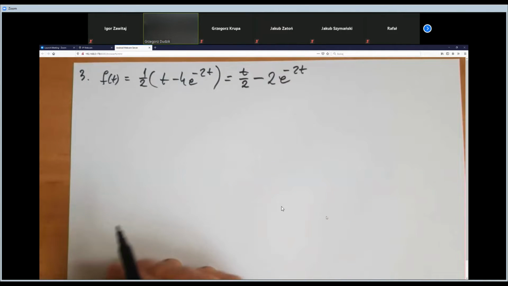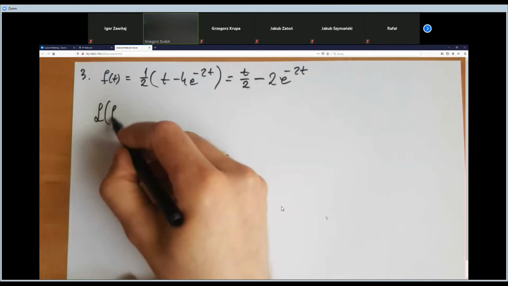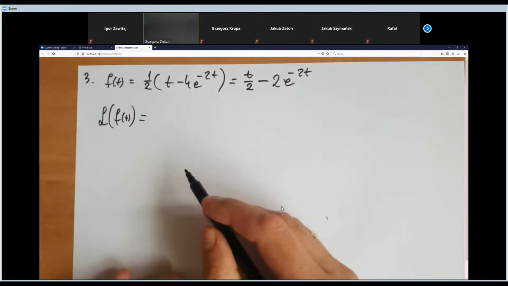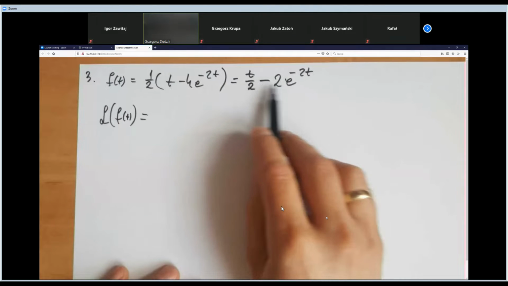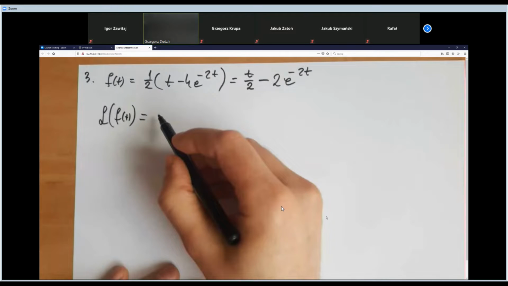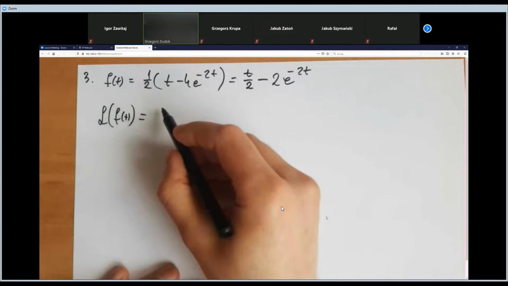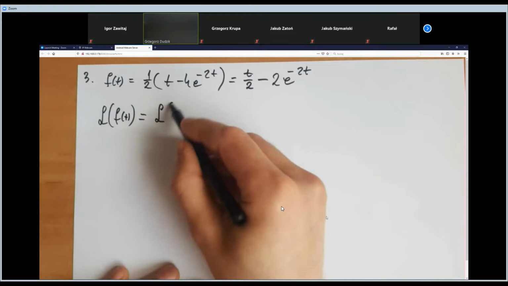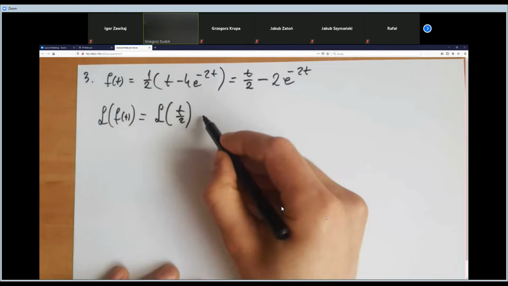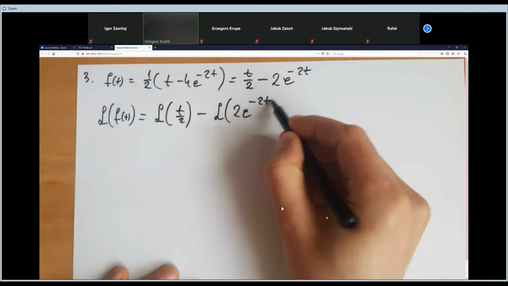Great. So if you want to find the Laplace transform of our f(t) function, as you see, we have to subtract two components. In fact, the Laplace transform will be the subtraction of the two Laplace transforms from each component. So it is the Laplace transform of t over 2 minus the Laplace transform of 2e to the power of minus 2t.